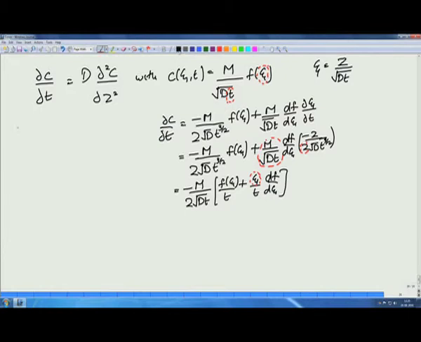Let us write that down here. That is the time derivative in this equation: minus m by 2 root Dt, 1 over time, times f of psi plus psi into df by d psi.